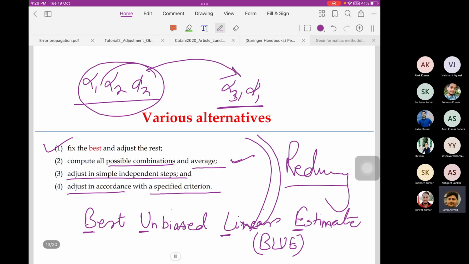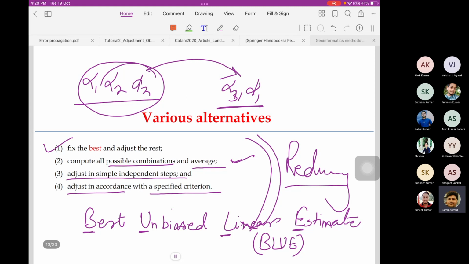This is our job. So not only from the observation point of view you had combinations, from the adjustment point of view also you had various combinations. Now this is the very trickiest part. You cannot take one to one.